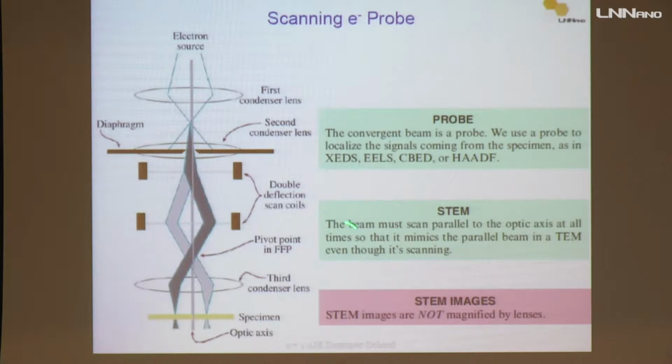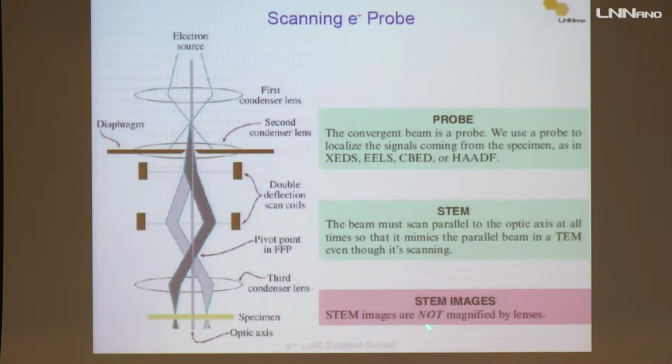Well, we have this requirement that the beam must scan parallel to the optical axis at all moments during the scanning, okay? This is done by these deflector scan coils. It deflects the beam this way, in a way that you always have a parallel beam striking your sample, okay?